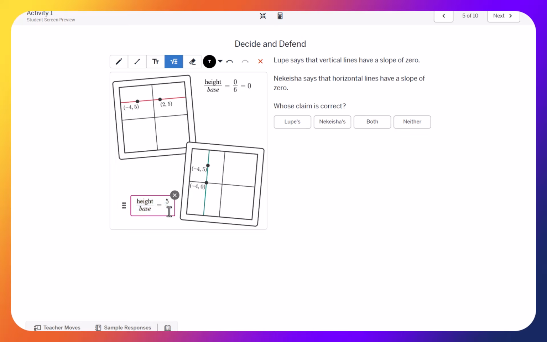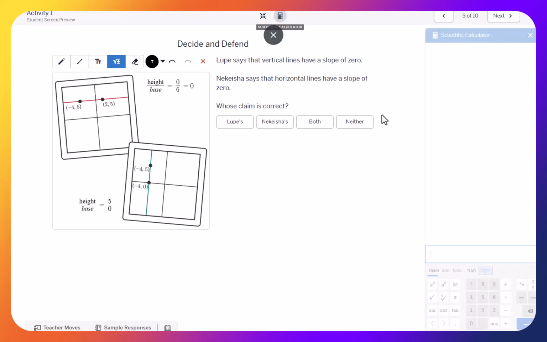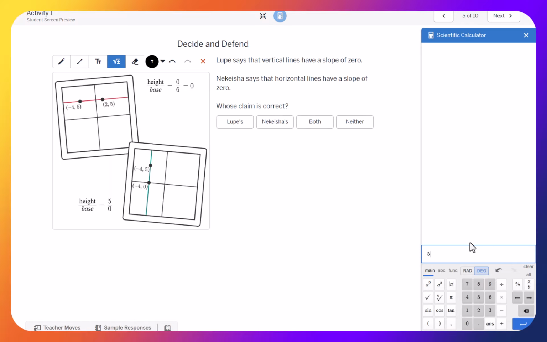So the base is equal to 0. Now, if you use your calculator up here and try to type in 5 divided by 0, let me show you what you get. It says it's undefined because there is no number that I can multiply by 0 to get 5.